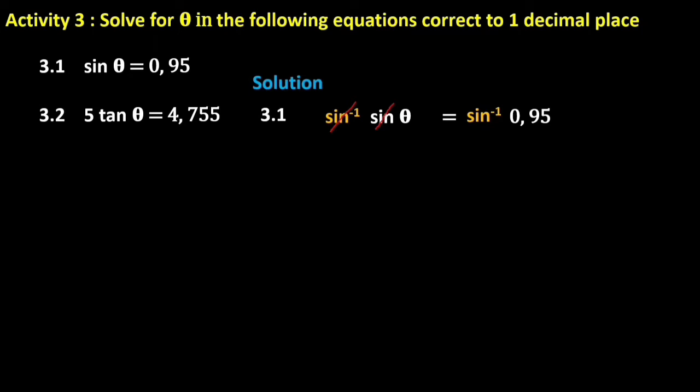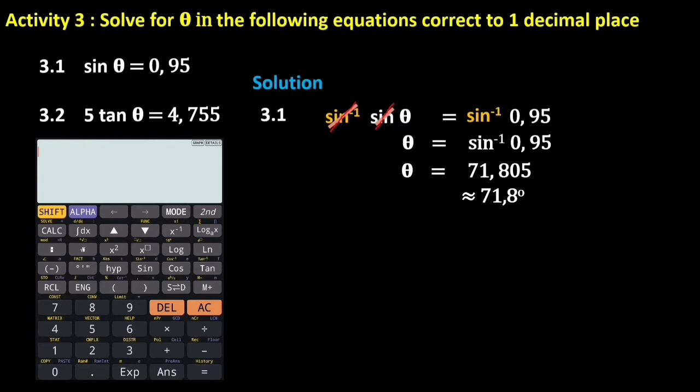I know it looks like we're saying sine to the power of -1, but that's not it. It's actually the inverse function of sine. So theta is equal to the inverse function of sine of 0.95. On your calculator, press second function sine 0.95 and you get 71.805. Again, second function sine 0.95 and you get that angle.